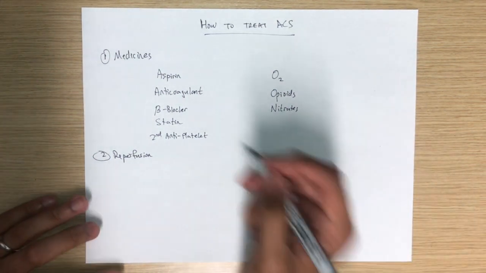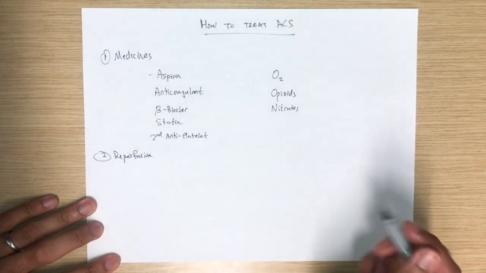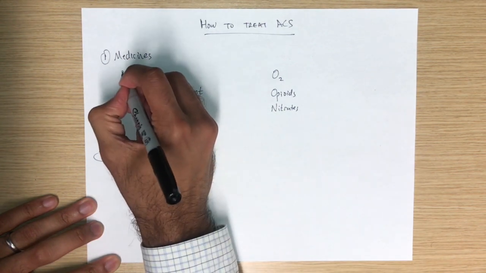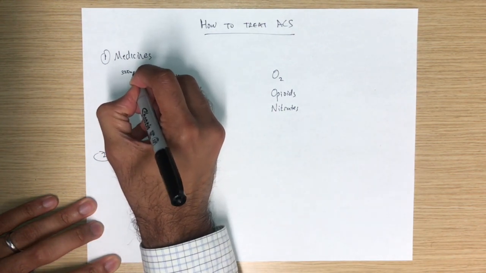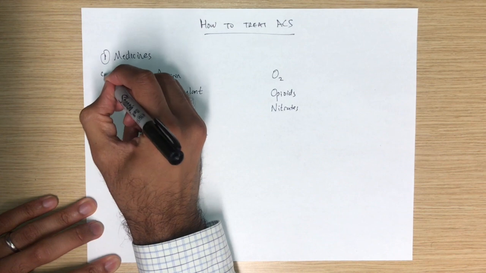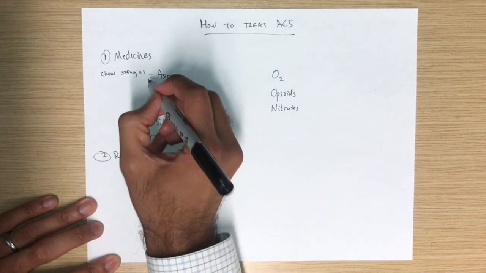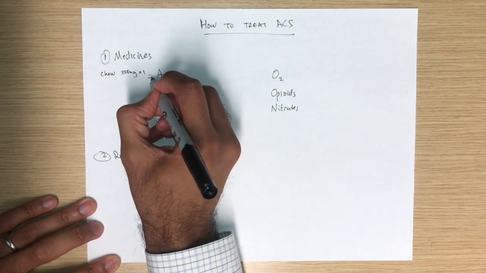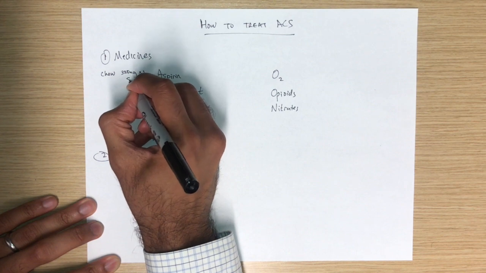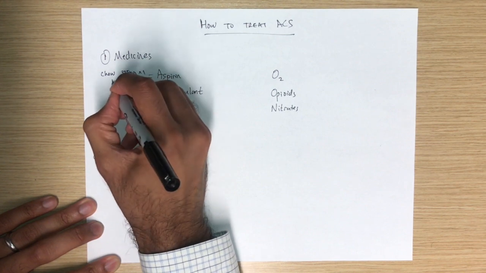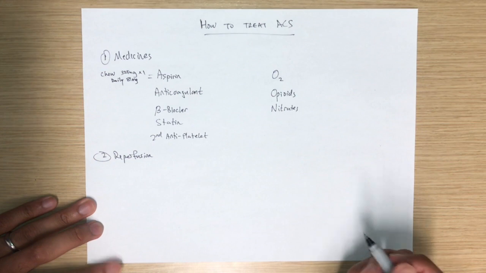When it comes to aspirin, usually if they're not already on aspirin, we'll give them a single dose of 325 milligrams chewable. If they're already on aspirin, probably you can get away with just continuing their 81 milligrams daily, just like they would normally get.